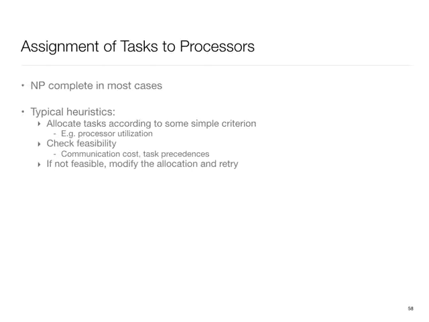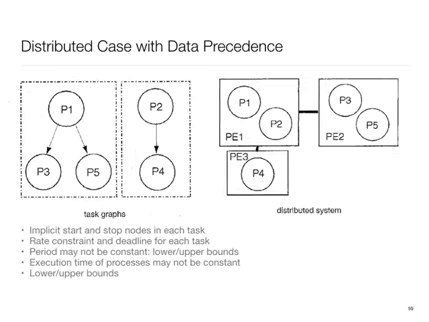But the basic idea is that you allocate and retry. You do an assignment and check whether this results in a feasible system. If not, you retry it. They are basically heuristic approaches. But a lot of weird things happen in a distributed setting.